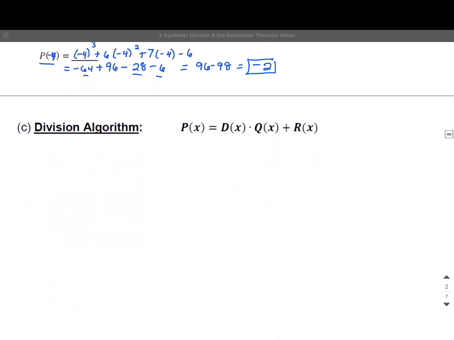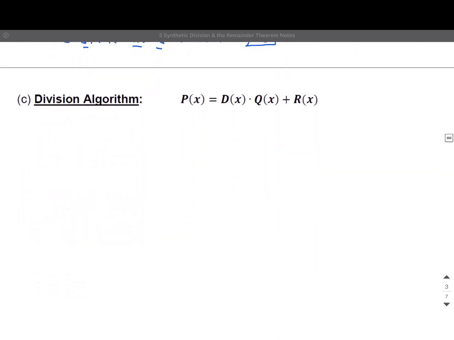Okay. Now, I want to make sure you're aware of the division algorithm. The division algorithm says that the polynomial is the divisor times the quotient plus the remainder. Now think about that if we had something like 15 divided by 7. We know that if we put 7 into 15, it goes 2 times and we have a remainder of 1, right?